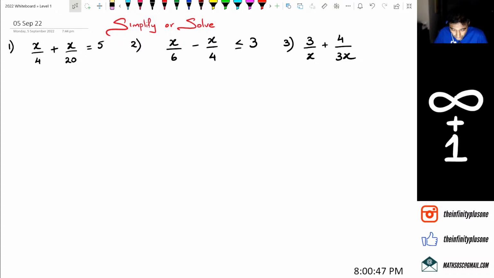So what I've done is put pretty much the whole range of fractions questions you can potentially get in terms of solving and simplifying. If we get through this, then I think we should be pretty much sorted with algebraic fractions.